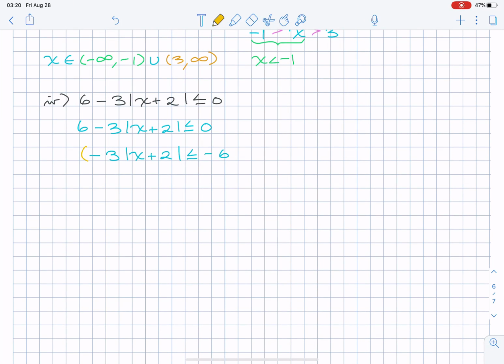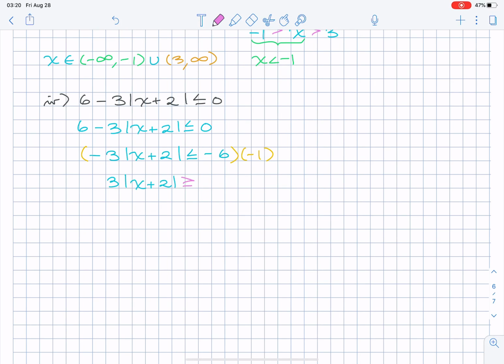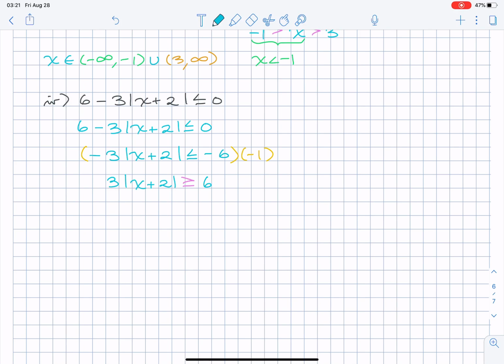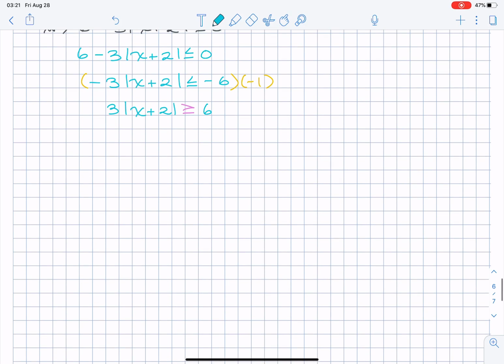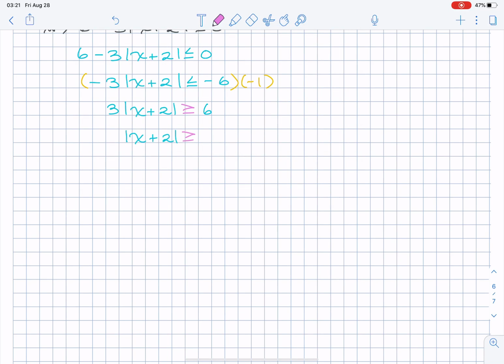At this point, I'm going to multiply through by a negative. So now I'll get positive 3 times the absolute value of x plus 2 is, swap the sign, greater than or equal to positive 6. Let's divide by 3. So I get that the absolute value of x plus 2 will be greater than or equal to positive 2.